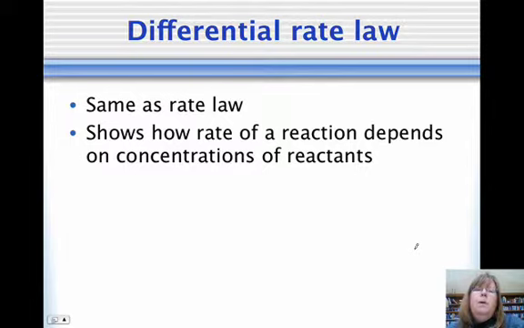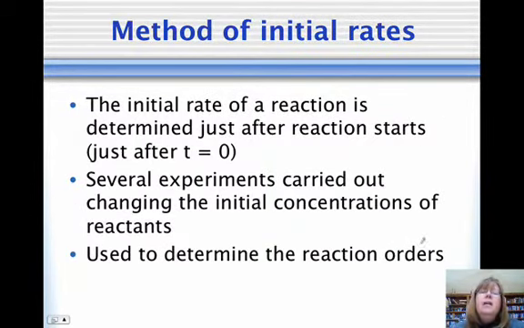Well, first of all, what we're doing is called a differential rate law, or people might just call it a rate law. And it is going to show how the reaction depends on the reactant concentration. So we're using this method of initial rates.